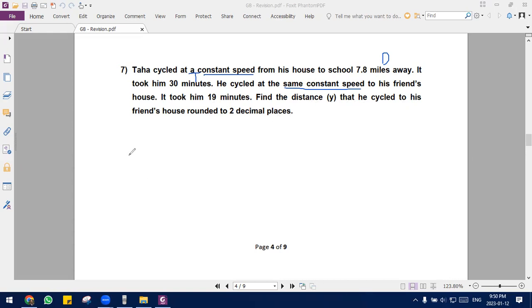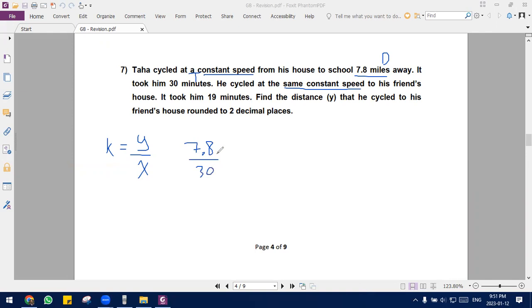Now, first of all, we know that the constant is k, which is y over x. Now, let me write the information that is given. So the first y here, we have the miles, because it's always distance over time. So we have 7.8 over the time, which is 30 minutes.